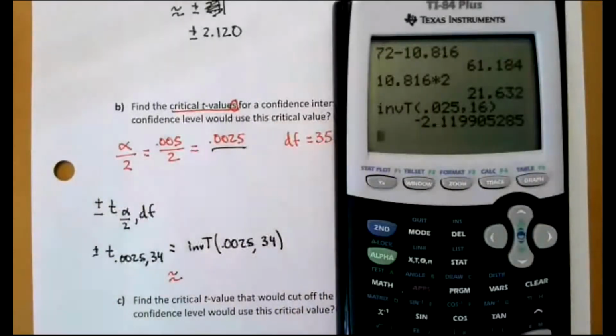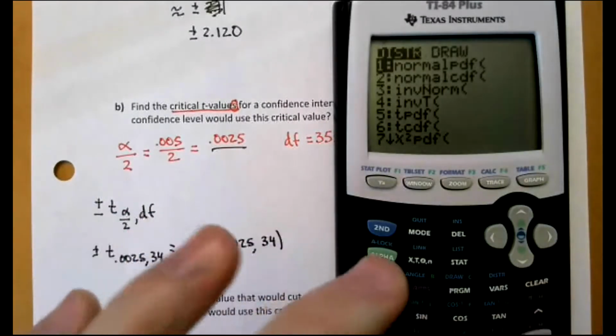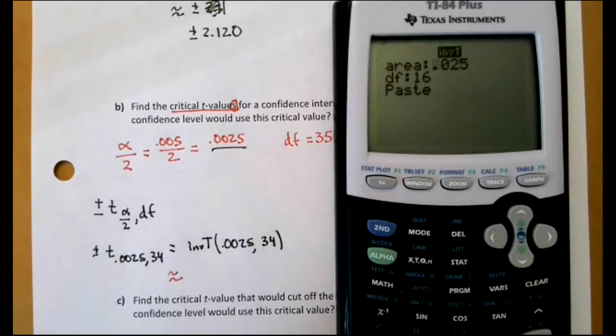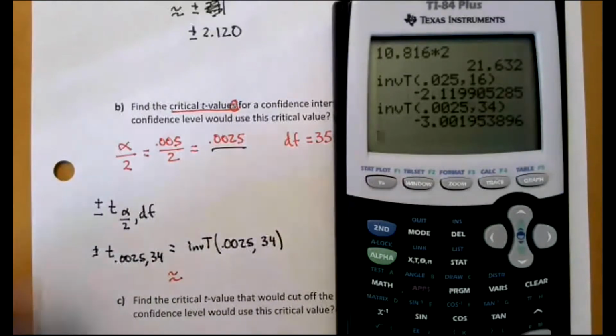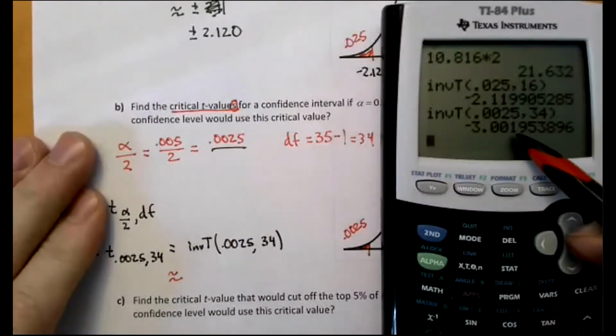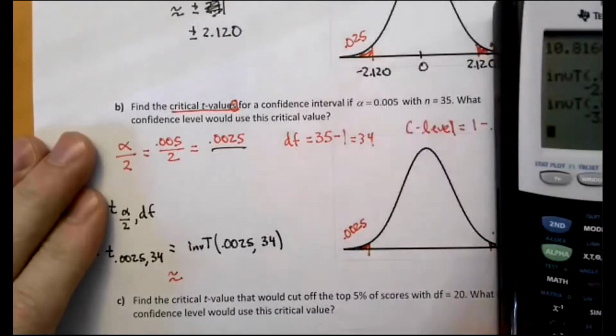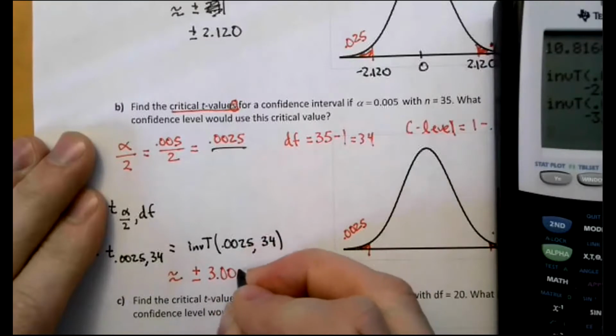So one more time in the calculator. Second variables, option 4. Our area is 0.0025, and then the degrees of freedom are 34. Paste away, calculator thinks for a second, bam, there it is. I need 3 decimal places, so because of this 9, I'm going to add to the 1, and this is plus or minus 3.002.